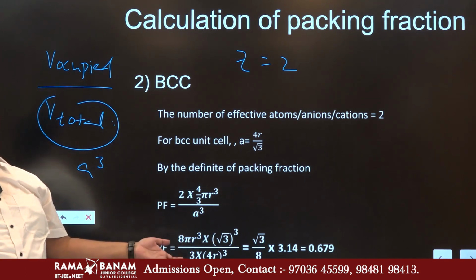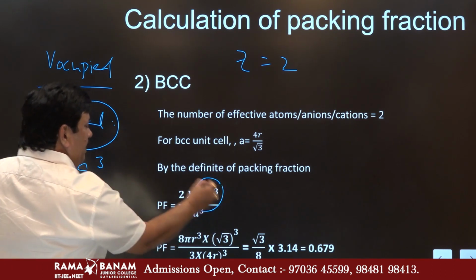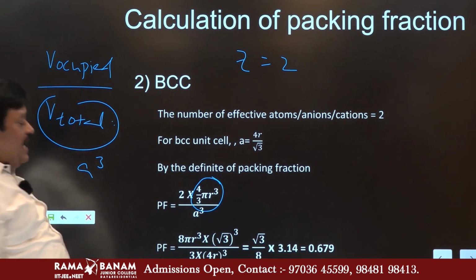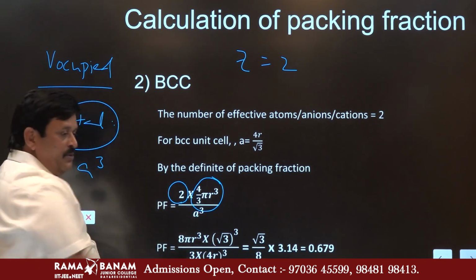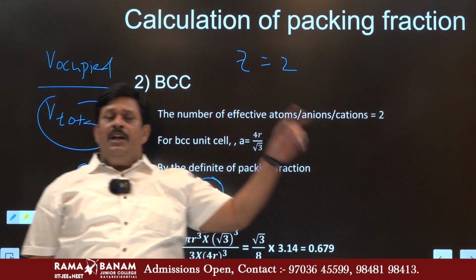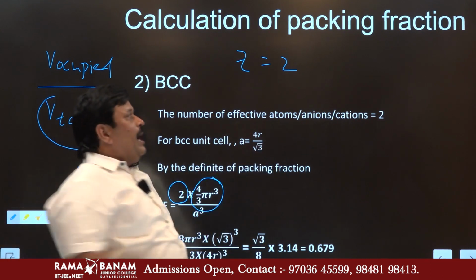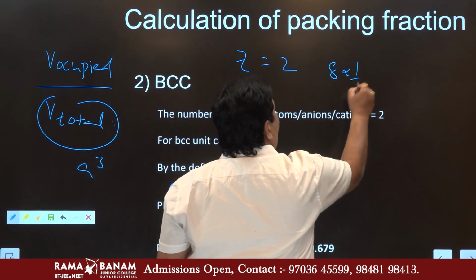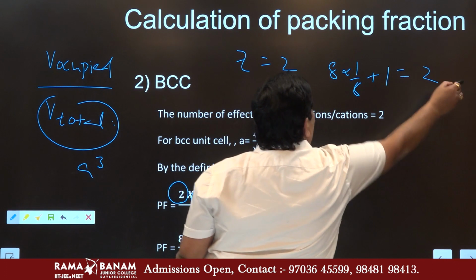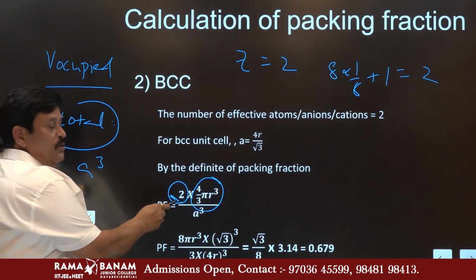What is V occupied? Volume of one particle is 4/3 pi r cube, and the Z value for BCC is 2. Why is Z 2? Because in BCC particles are at body corners and body center. 8 body corners, so 8 into 1 by 8, and body center is 1, so Z value is 2. So number of particles is 2.